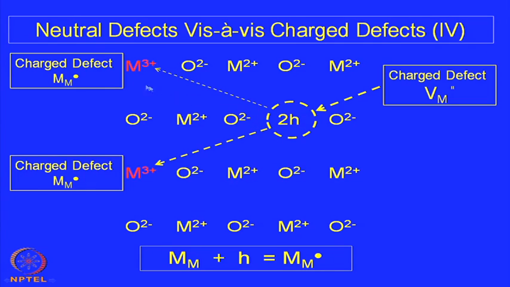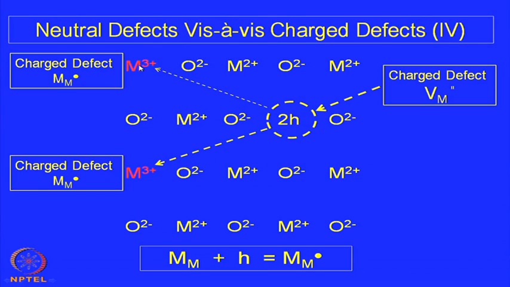So, once again here the reverse is happening, M2 plus is now changing to M3 plus. Again there should be a possibility that the particular metal can change its valency from 2 plus to 3 plus. So, if that happens, then you again have a charge defect, but of a different nature, M, not prime, but M dot, that means an extra positive charge has been added here.